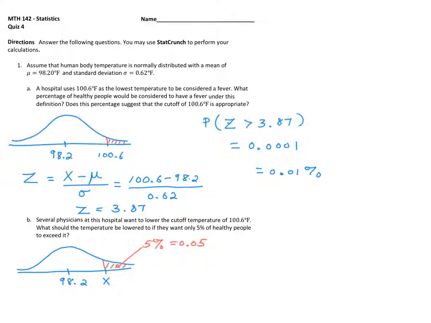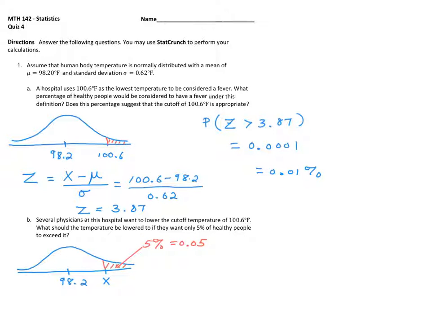What we're going to do is figure out the z-score that corresponds to this percentage on the bell-shaped curve. Then we're going to use all of that information and this formula to solve for the corresponding x. If I can find the z-score, it means I know z. I already know mu and sigma. The only thing I won't know is x, but the x will represent some type of temperature.